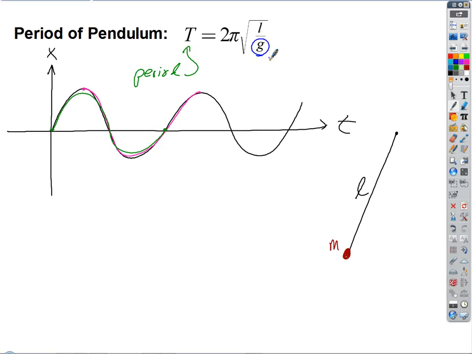The bigger the denominator gets, the smaller the fraction gets, right? Like 1/100th is less than 1/10, right? And vice versa. So you'd expect that as the gravitational acceleration goes down, the period of the pendulum is going to go up. It's going to take longer to swing back and forth. Does that make sense? Okay.